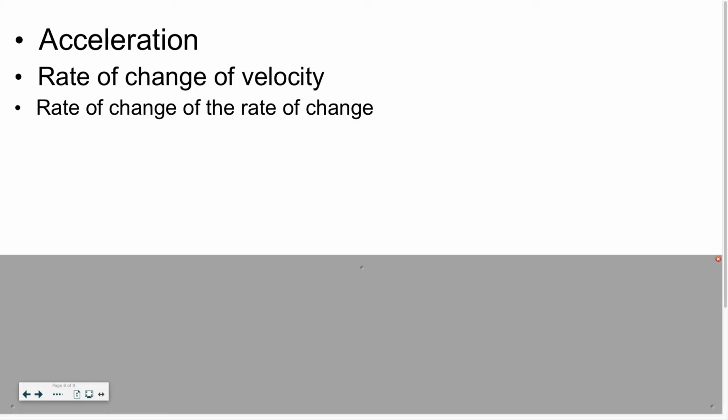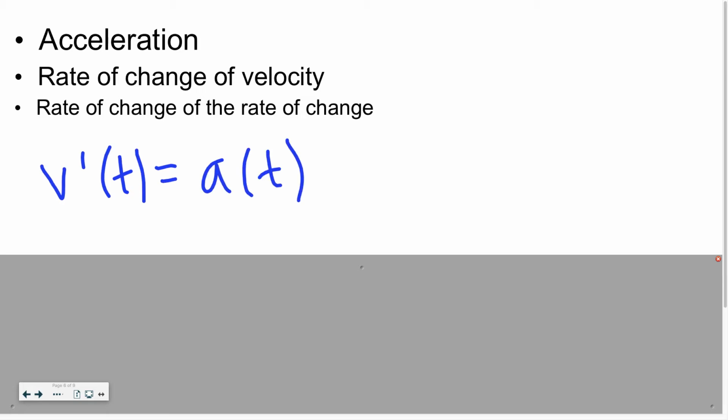Acceleration, we decided, was the derivative of velocity. So acceleration we describe as the rate of change of velocity. So it's the rate of change of the rate of change. So our acceleration for this problem that we've been dealing with would be 6t minus 12, and we'll look at that here in a moment.